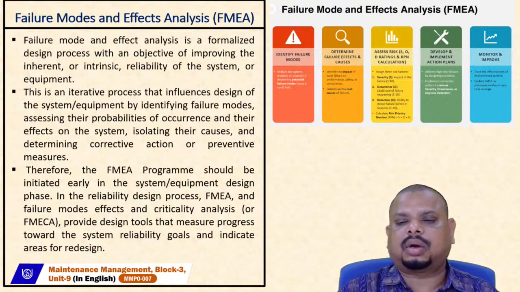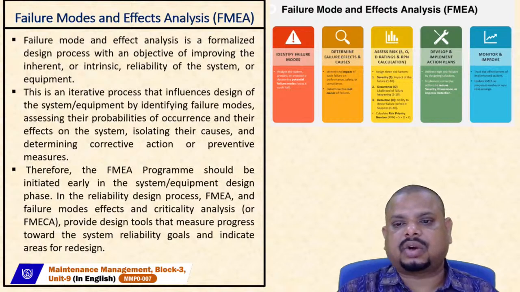The third step is to assess the risks. That means SOD rating or RPN calculation should be done. S stands for severity, O for occurrence, and D for detection. The severity, the impact of the failure, should be given a rating from 1 to 10.